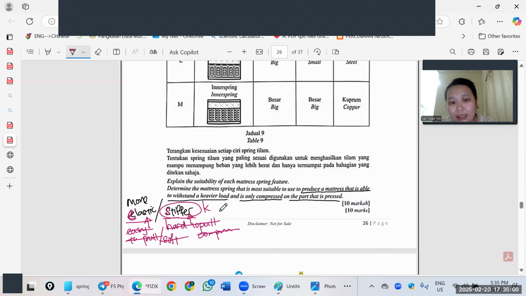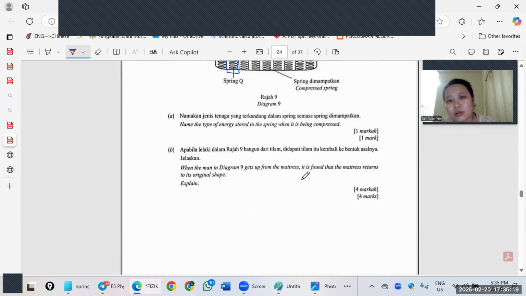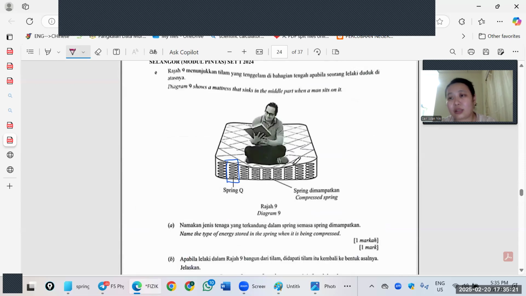Stiffer means K, the spring constant, is higher. So you need more force to compress. So stiffer means the extension or compression of the spring is shorter. Then you imagine, do you want your mattress when you sit down to go directly to the ground?